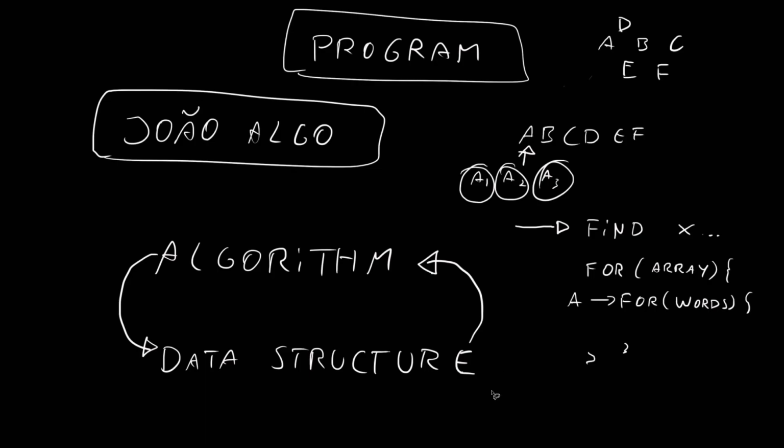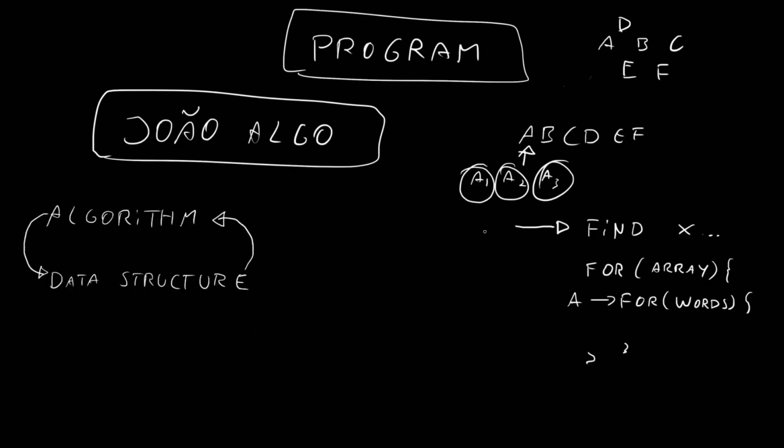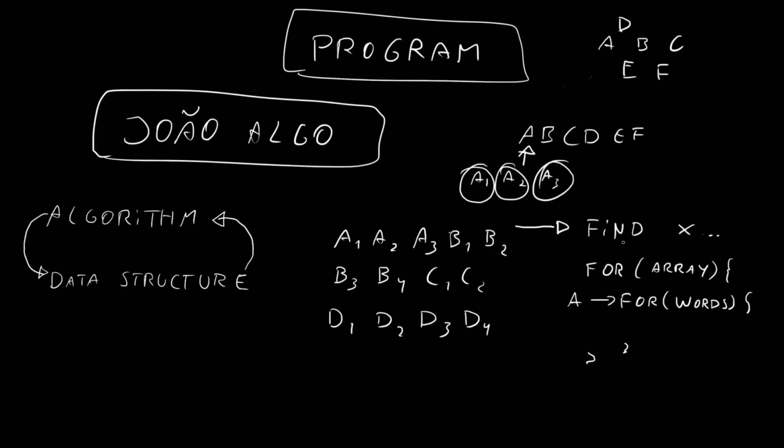So I have an array with A1, A2, A3, B1, B2, B3, B4, C1, C2, and so on. Then when I want to find something, I don't need the second for loop. I just need one for loop, right?